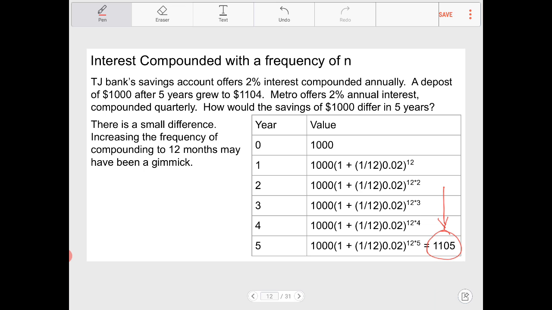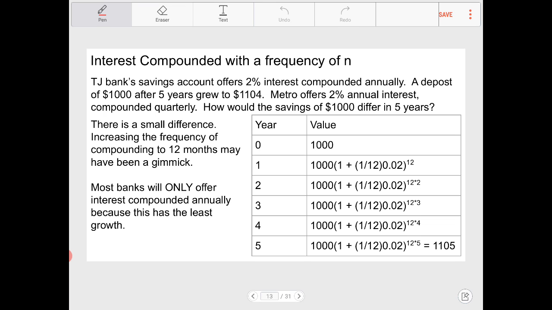For an individual account, it may not seem like a lot, but in the grand scheme of things, having it compounded more frequently is actually against the bank's interest, which is why in most cases when you ask a bank for a savings account, I haven't come across a bank that will offer you an interest rate compounded more frequently than annually.